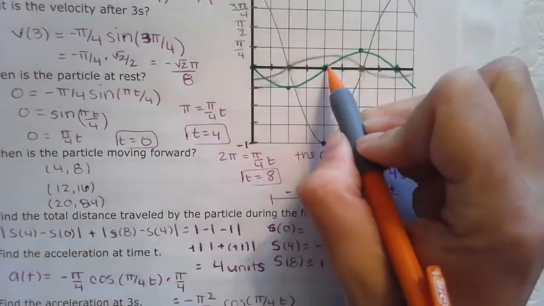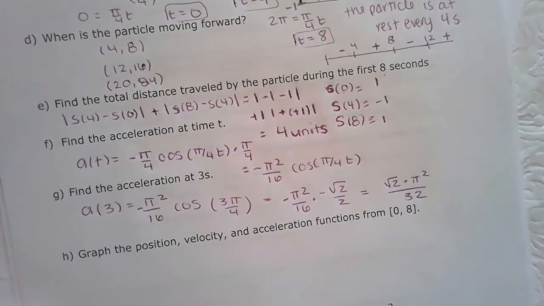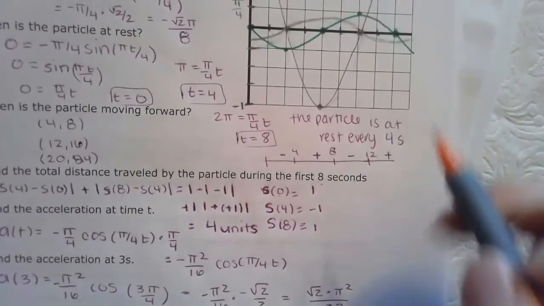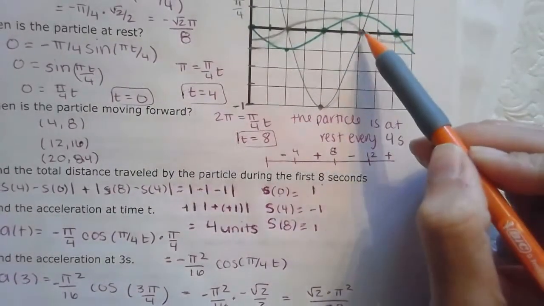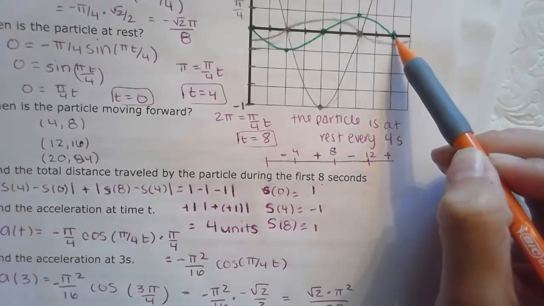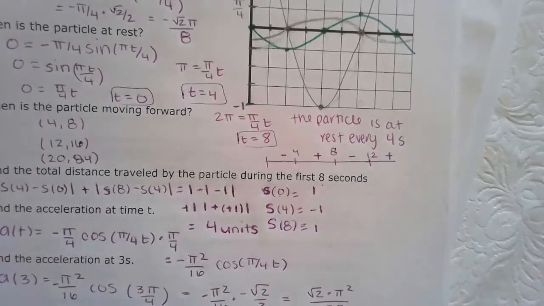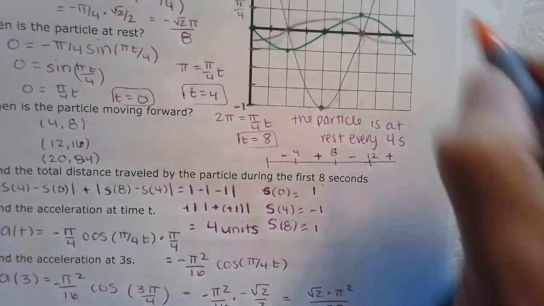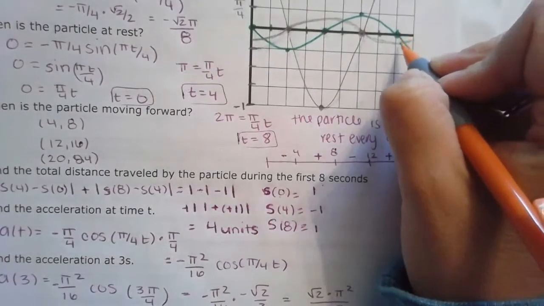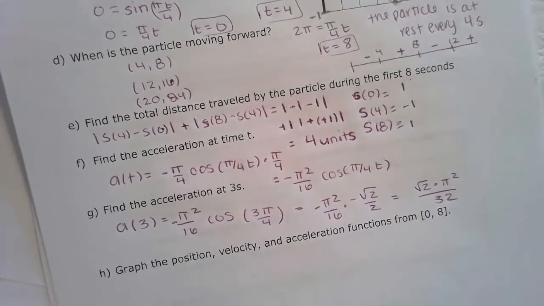And then from 4 to 6, they're both positive, so it's speeding up. And then at 6 to 8, they're opposing. So velocity is positive, acceleration is negative. So slowing down. And then at 8, they're both negative again. And they would both be negative till 10.